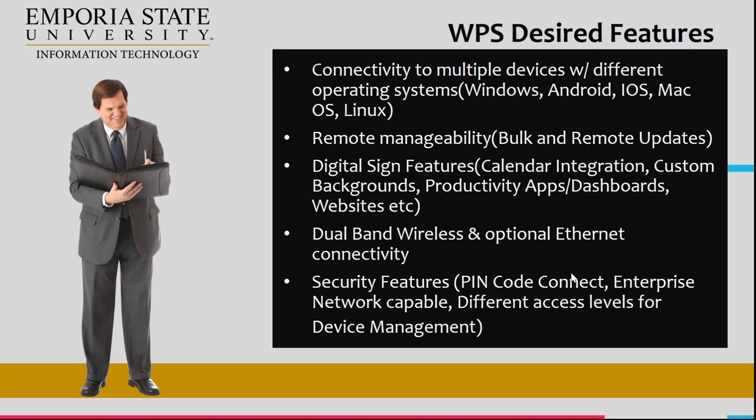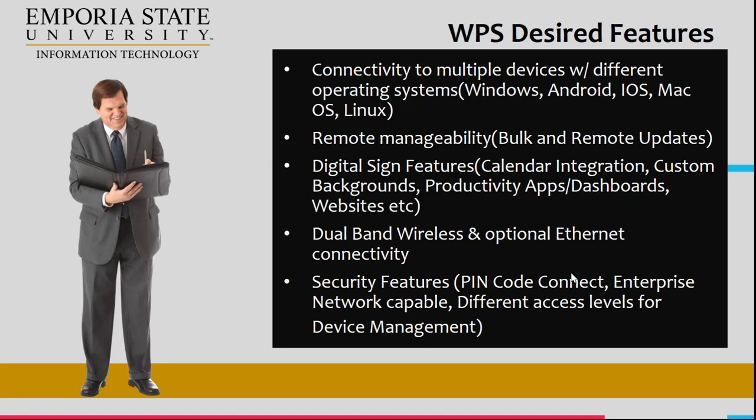Another feature that we look at is remote manageability. This is basically a feature that the IT staff will utilize to do bulk and remote updates to the wireless presentation system in the space. This would be things like firmware updates, software updates, or just general changes to the settings or features and functions of the wireless presentation system. Certain wireless presentation systems you need to be in the same room with the device to be able to directly connect to it and then make changes.